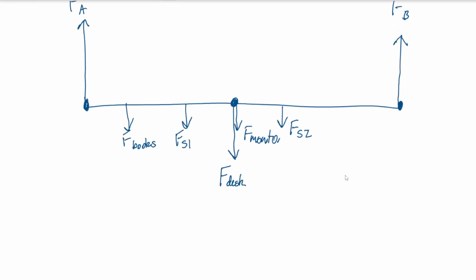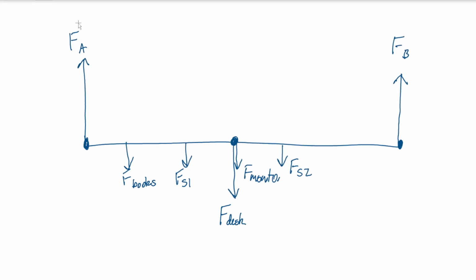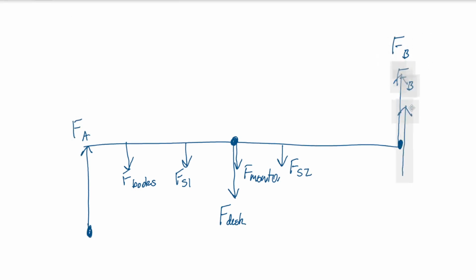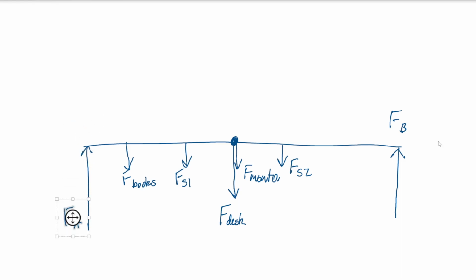In this case, having all the forces on the bottom side lets us draw the distances on top, so I'm going to do that. Again, this is just to make it more readable for you. However you do it, as long as you can keep track of your forces and your distances clearly.